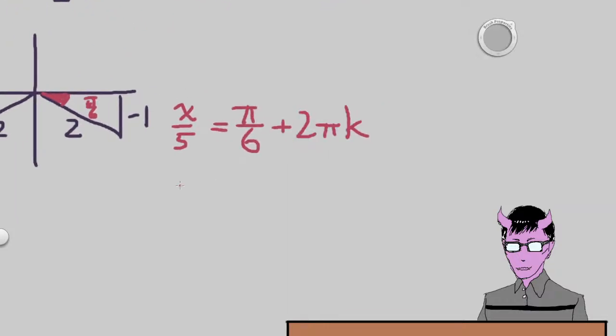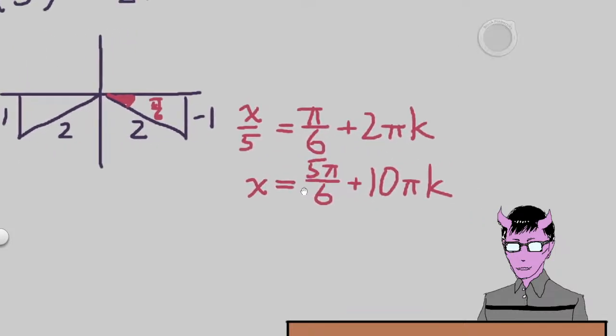And now we just need to solve for x. So x is equal to 2 times 5 to both sides. So we're going to get 5 pi over 6. Gorgeous. And then plus very awkward 10 pi. That's really funky. That's okay though.